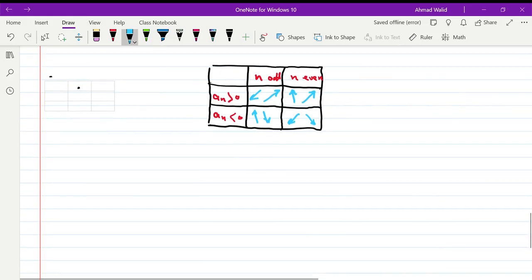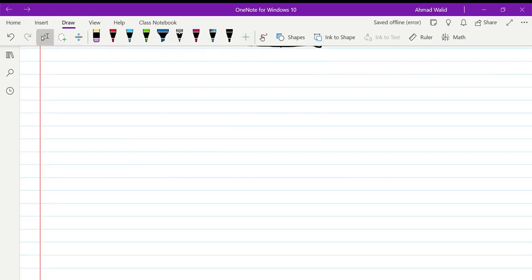Now, there are examples which we already did four of them, that use the leading coefficient test. We call this one the leading coefficient test. Leading coefficient test means look for the end behavior of the graph.